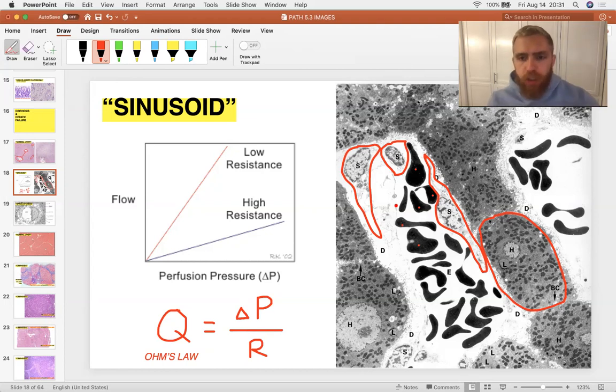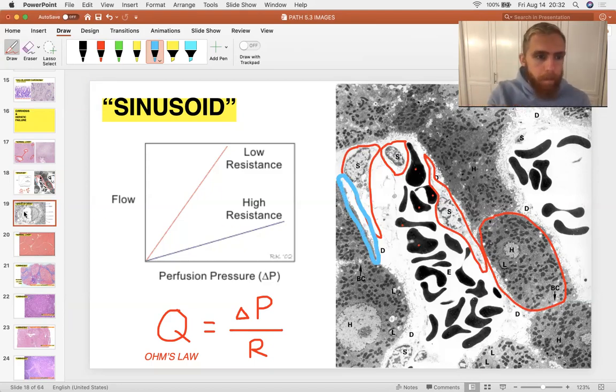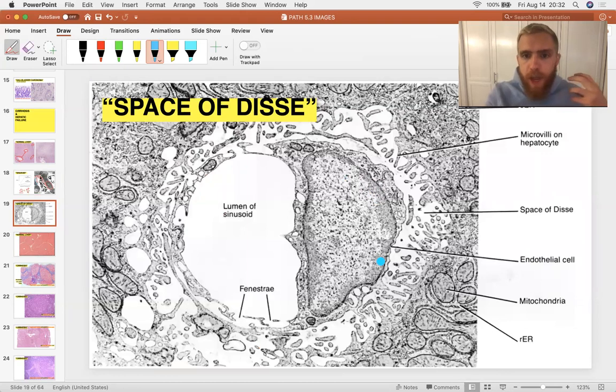Also worth mentioning is the space of Disse, that's D-I-S-S-E. It is a small, very narrow potential space that I'm trying to outline in blue here between endothelial cells and hepatocytes. Here is an axial slice of a sinusoid, and what we're looking at here is an endothelial cell in the middle.